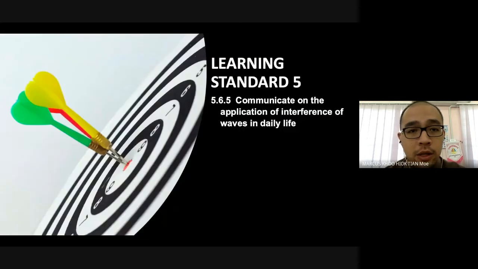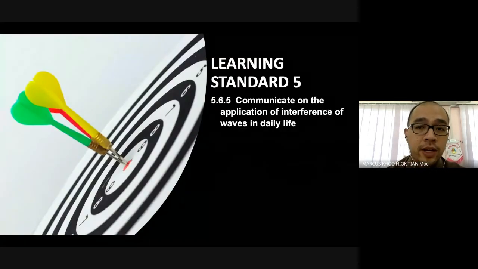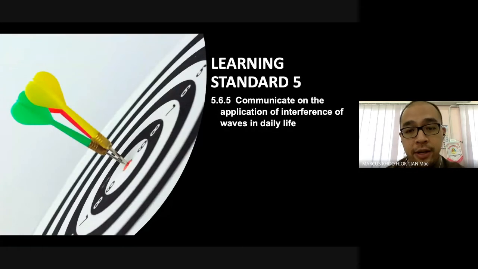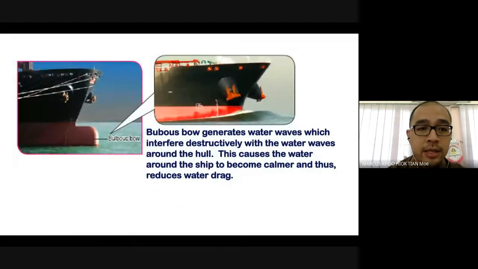Now let's take a look at a few applications of interference in daily life. One great example is the bulbous bow, which generates water waves that interfere destructively with the water waves around the hull. This causes calmer water around the ship and reduces water drag. Some ships have this in order to create another wave which will interfere with the water waves coming towards the ship.